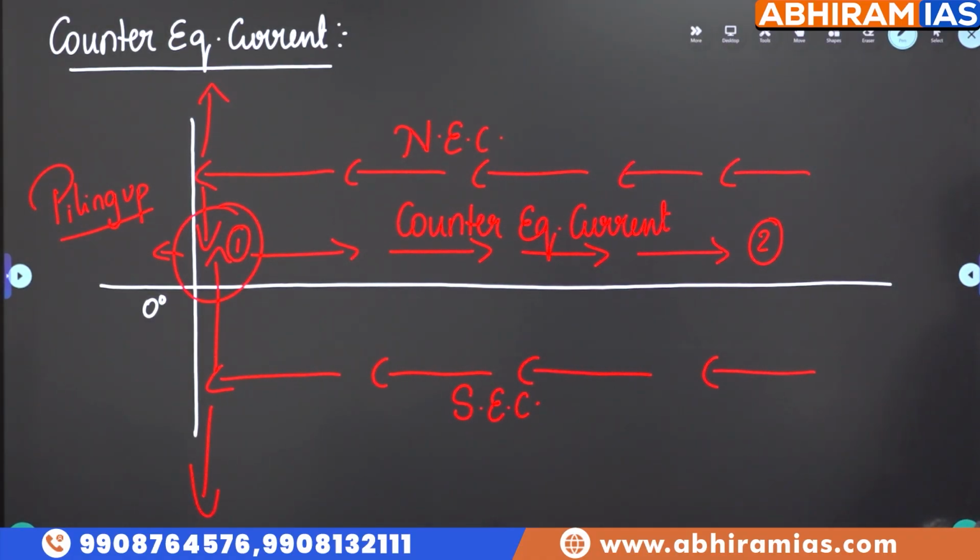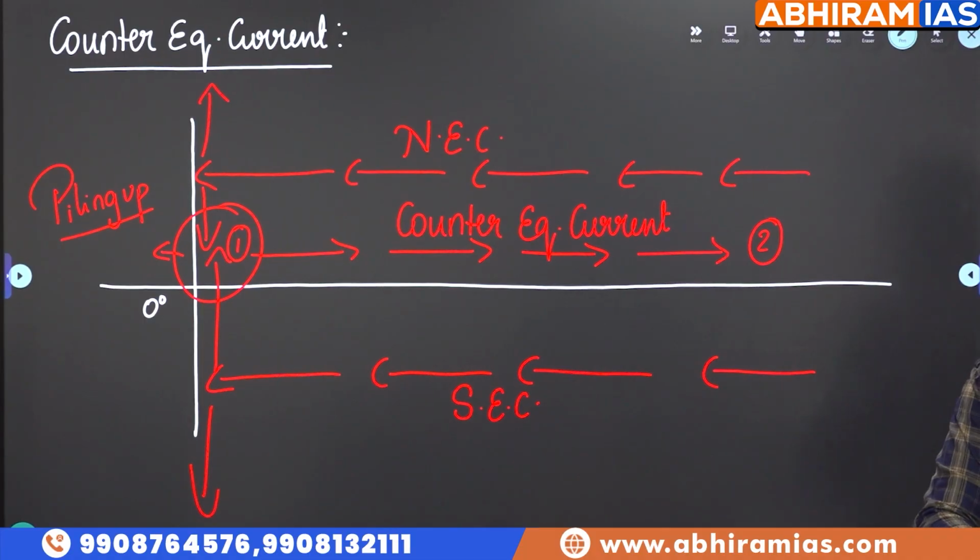Counter equatorial current. Next point: it is because of piling up of warm water on the western side of the oceans.